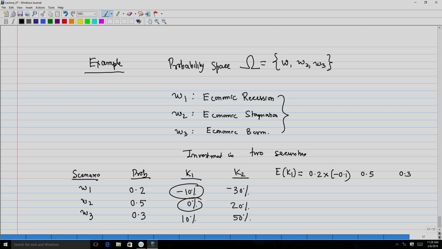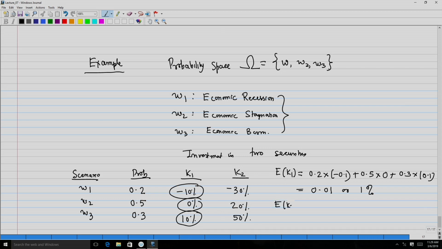In the second case it is going to be 0%, so I multiply this with 0, and in the third case this is going to be 10%, so I multiply this with 0.1 and I add them up to get the expectation as 0.01 or simply 1%.